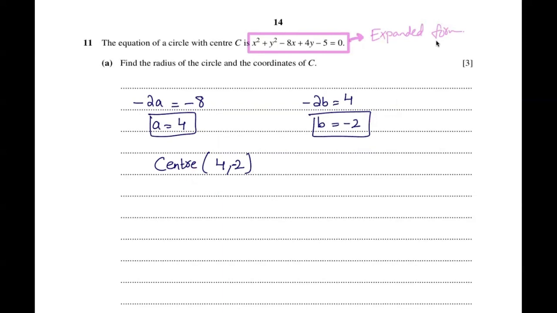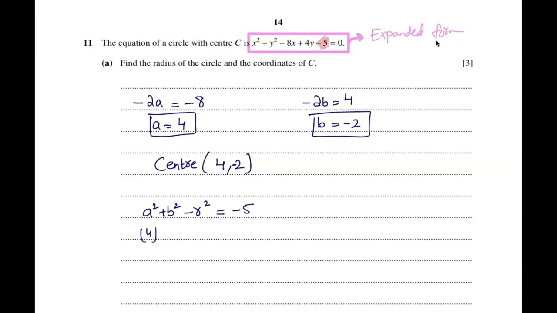Yes. Now to find the radius of the circle, I told you that the last number, the constant term over here, okay, so a squared plus b squared minus r squared is going to be equal to the constant value, that is minus 5.